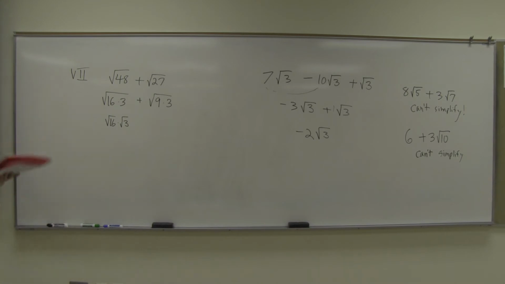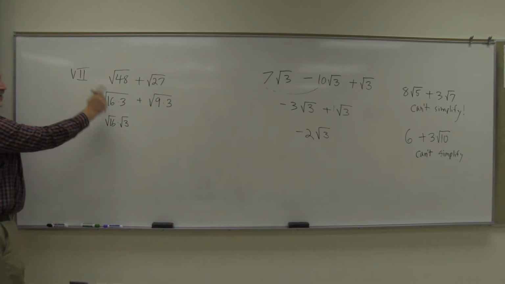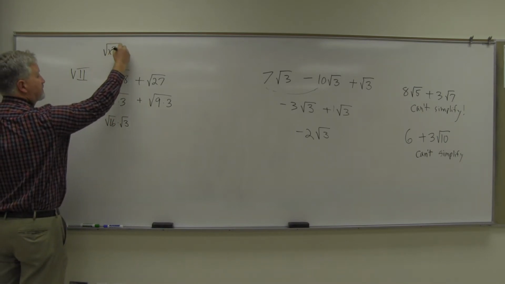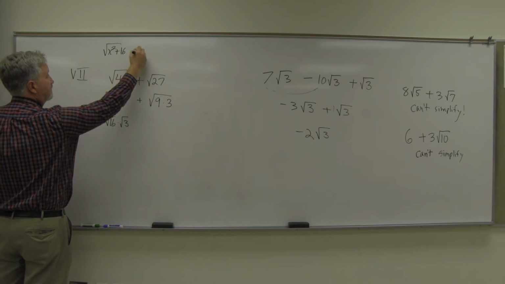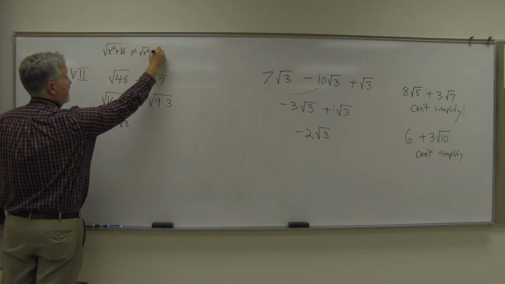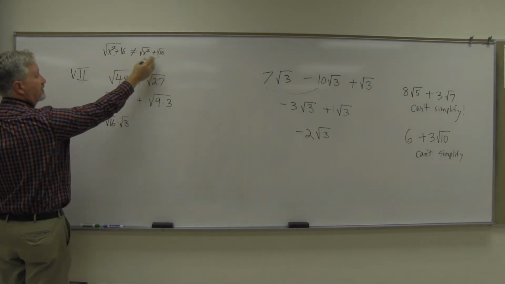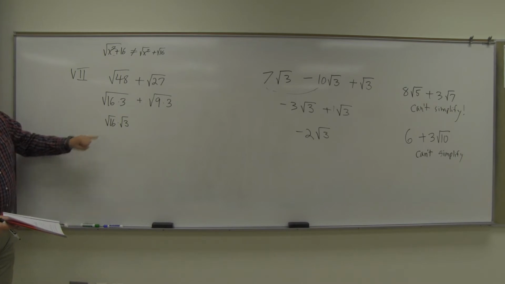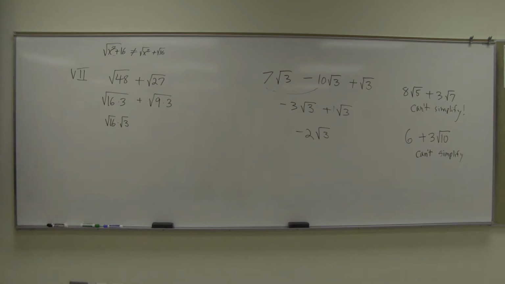And like I said, we went through that last time. There's some on the assignment 1 like that. You can split those up. If it's add, something like this, you can't split those up. But that's because it's add or subtract. You can't do it with subtract either. But if it's times, you can split those up. So that's why this works. And 16 square roots nicely, doesn't it? It's 4.